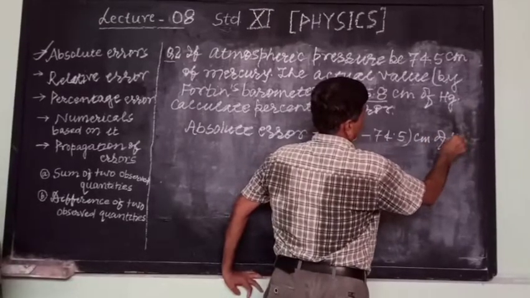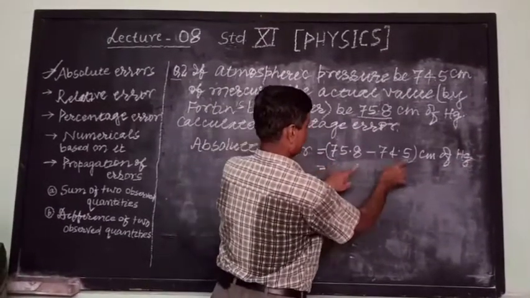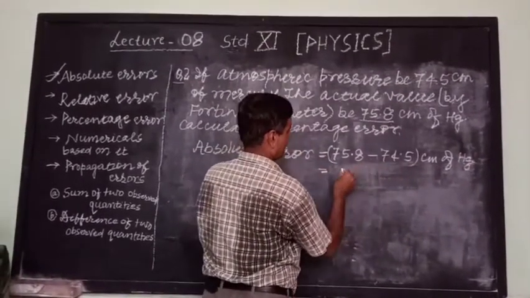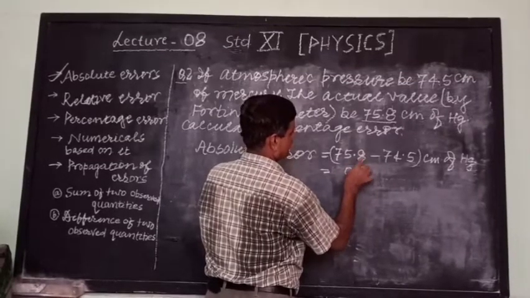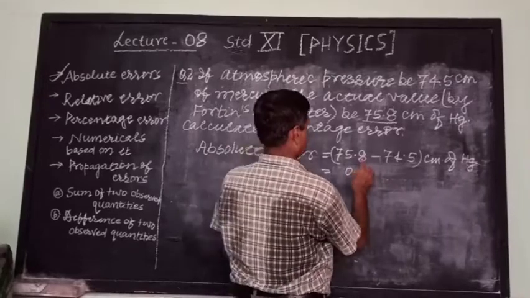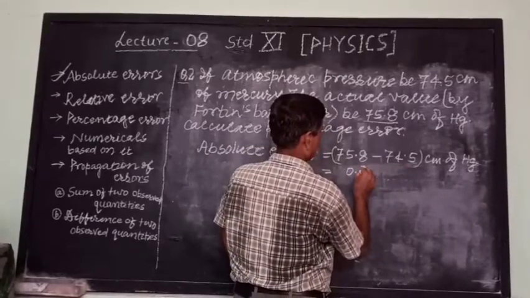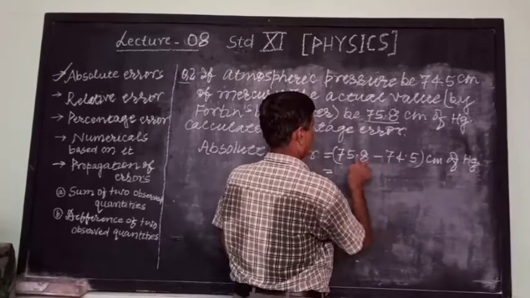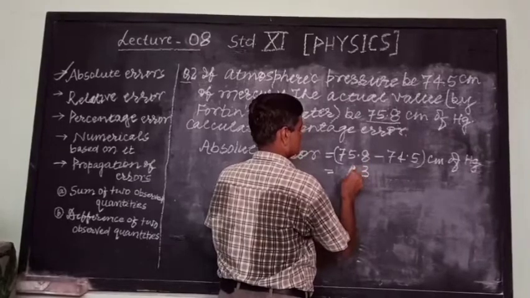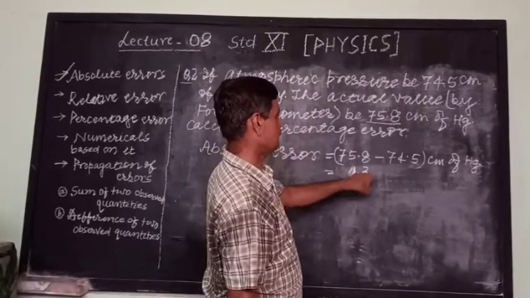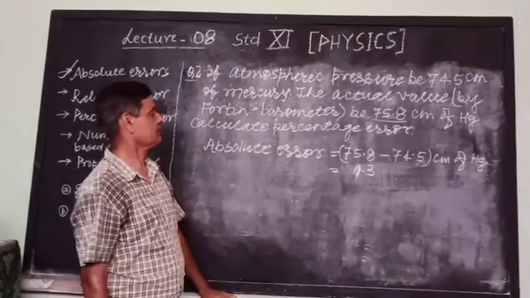So you can write Hg, and we will get this minus this. 0.8 minus this is your 3, and it will be 1.3 cm of Hg. This is the value of absolute error.